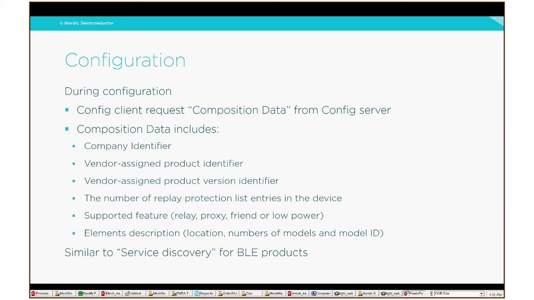In this composition data, there will be the company identifier, for example Nordic, 0x59, the vendor-assigned product ID, the vendor-assigned product version, the number of replay protection list entries in the device (how big the cache is), supported features, whether the node supports relay, proxy, friend or low power features, and element descriptions: the location of the element, the number of models and the model ID located on each element.